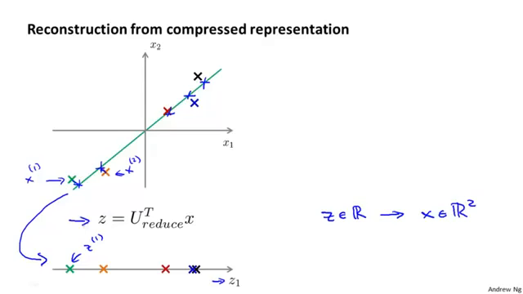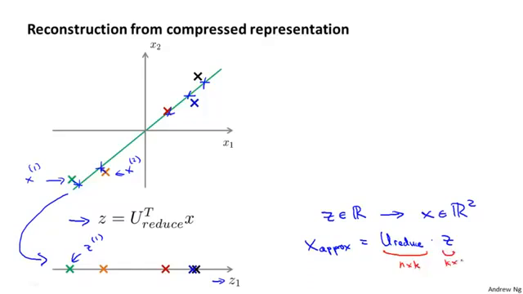So whereas Z equals U reduce transpose X, if you want to go in the opposite direction, the equation for that is we're going to write X approx equals U reduce times Z. And again, just to check the dimensions, here U reduce is going to be an n by k dimensional matrix.